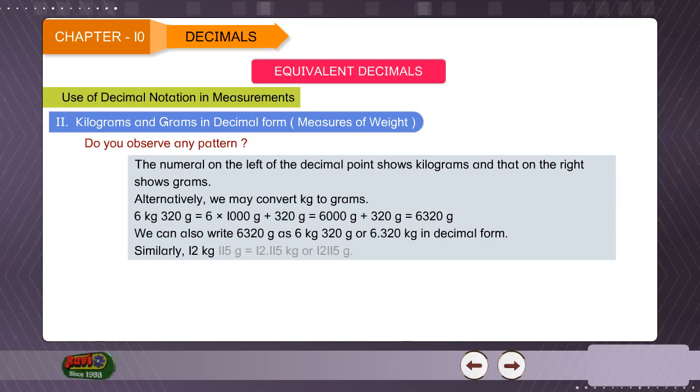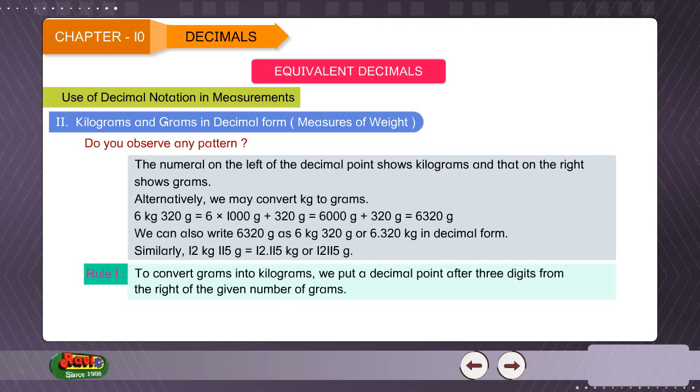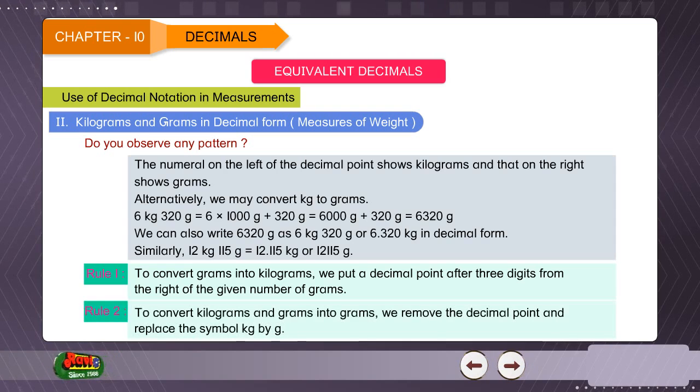Similarly, 12 kilograms 115 grams is equal to 12.115 kilograms or 12,115 grams. Rule 1: To convert grams into kilograms, we put a decimal point after 3 digits from the right of the given number of grams. Rule 2: To convert kilograms and grams into grams, we remove the decimal point and replace the symbol kg by g.